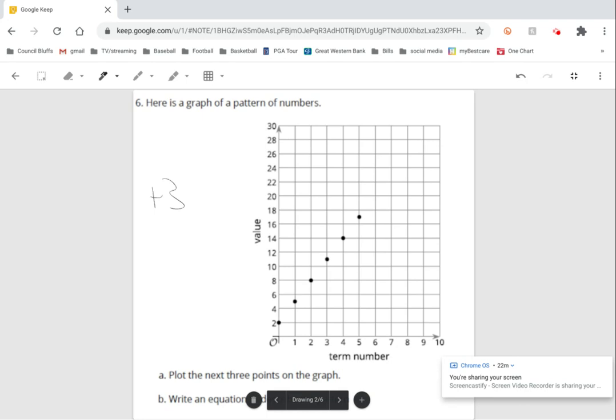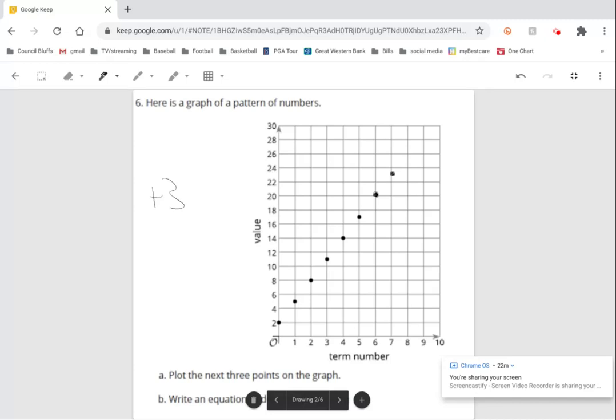So term 0 is 2, term 1 is 5, term 2 is 8. So they gave us up to term 5. Term 5 was 17. So term 6 is going to be 3 more than that, which is 20. And then term 7 is going to be 23.